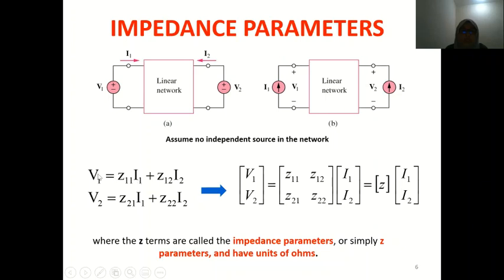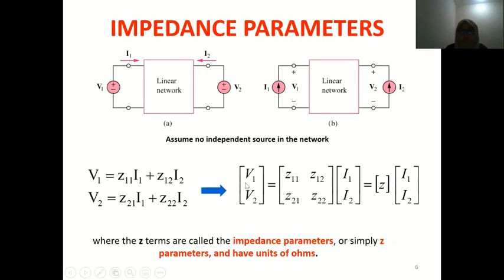This is the general formula for the impedance parameters: V1 is equivalent to Z11 I1 plus Z12 I2, and V2 is equivalent to Z21 I1 plus Z22 I2.